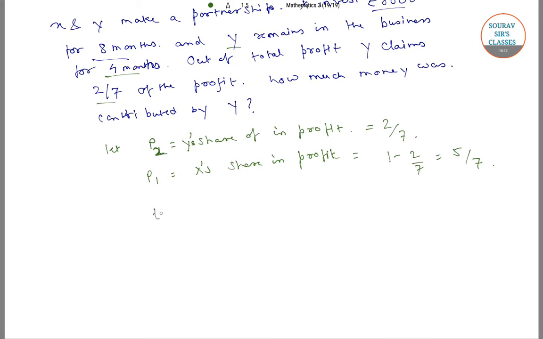Now, T1, which is the time of investment for X, is 8 months, and T2, that is the time of investment for Y, is 4 months.